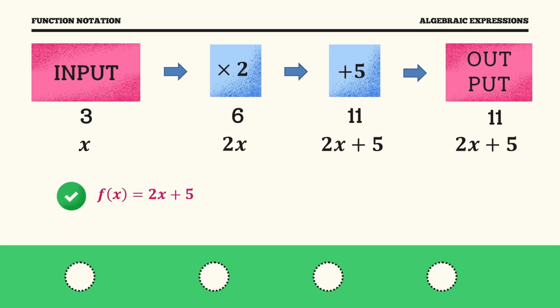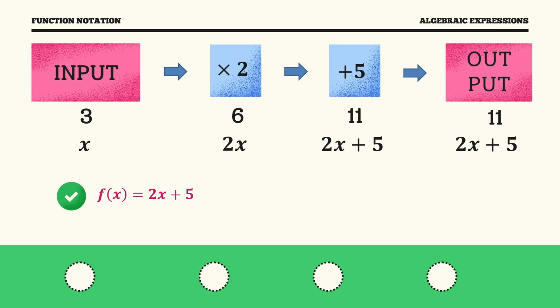This is how you would write down this function machine using function notation. The left hand side, f bracket x, we usually pronounce as f of x, which just means there's a function of x. It shouldn't be confused with f times x, because there are brackets, but that's not what it means in this case. It's just a way of writing down a function of x.